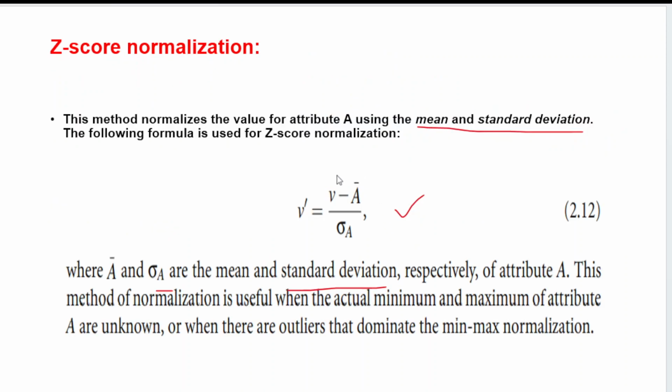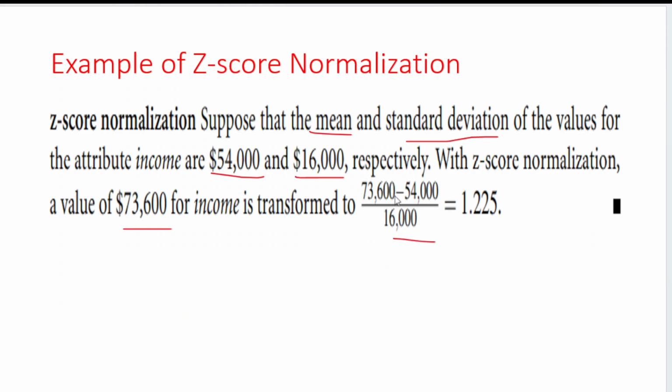Why? Because I have the equation V minus A bar by sigma A. What is my V value here? 73,600. What is the A bar value? 54,000. And what is the sigma A here? 16,000. So if I calculate, I am going to get this value here. That is the z-score normalization.